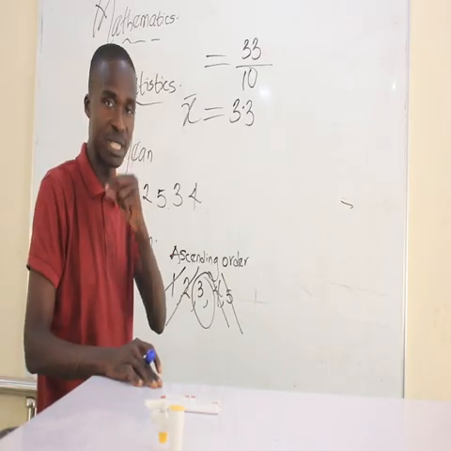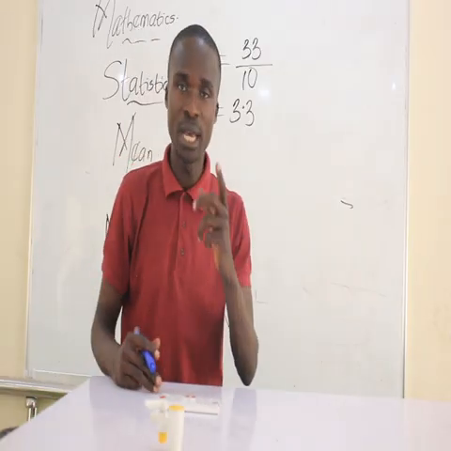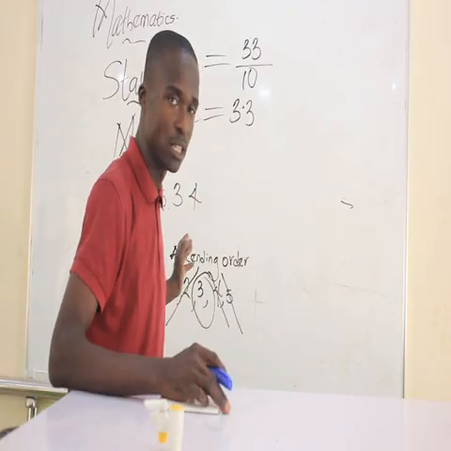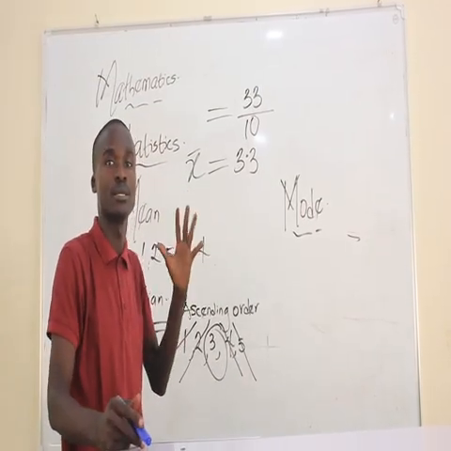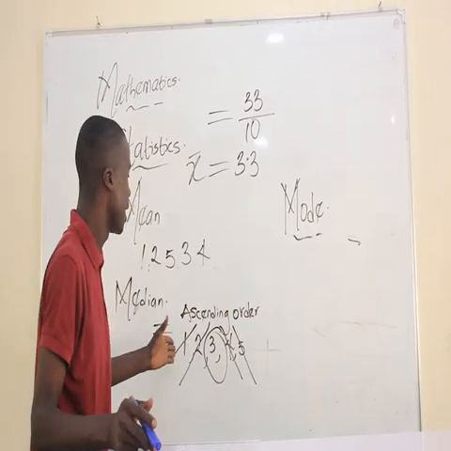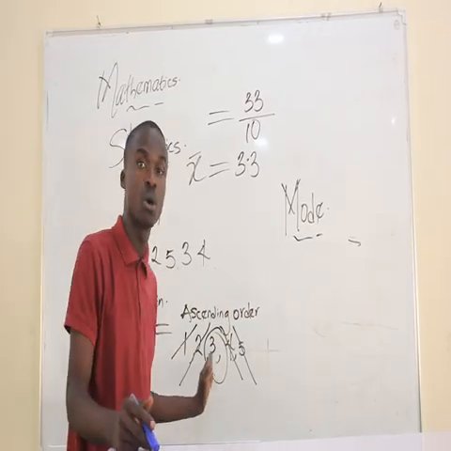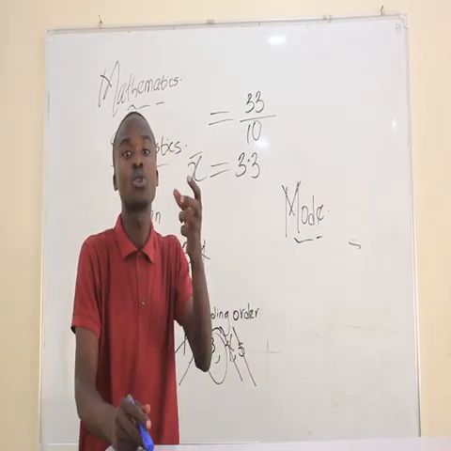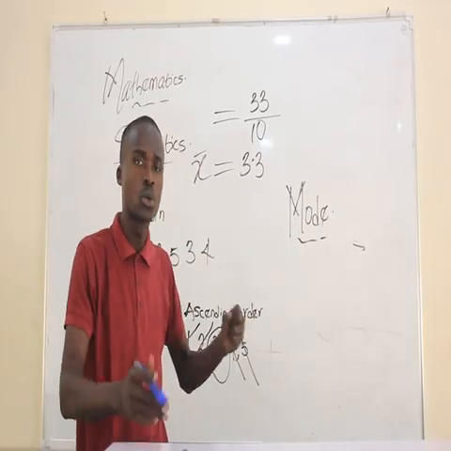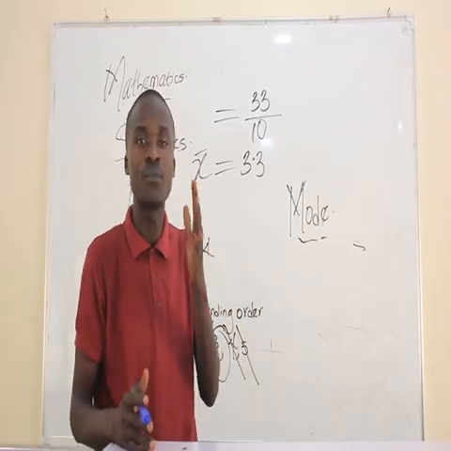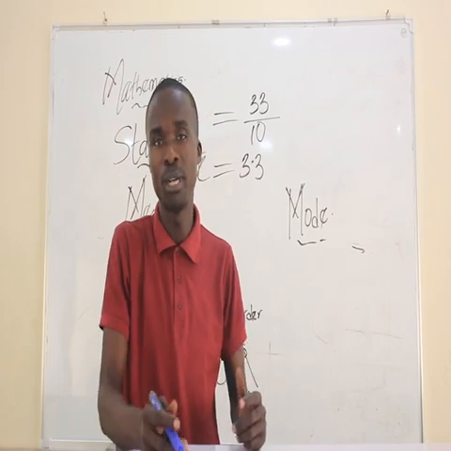But be sure, first thing first, arrange your numbers in ascending order, starting from small to big. If you want, you can arrange it in descending order from big to small. That will help you to arrange your data effectively and obtain your median.